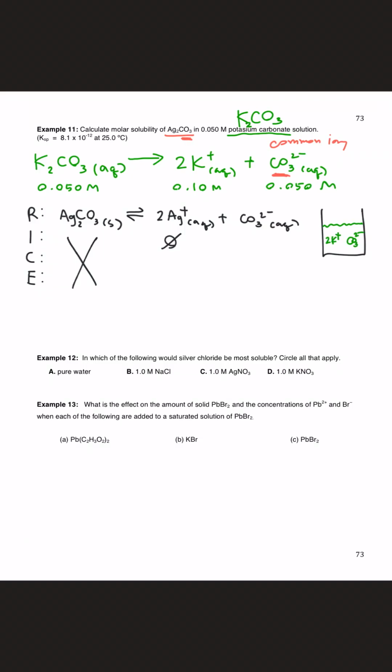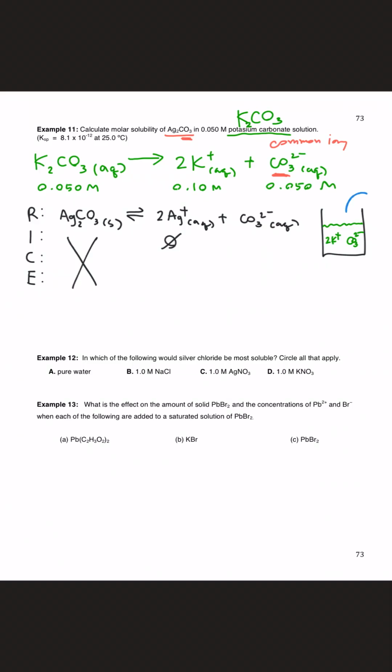So at the beginning, before you add any silver carbonate to this solution, you already have the carbonate present in the solution. Therefore, the initial concentration of the carbonate would be the same as what is present before we add the silver carbonate.